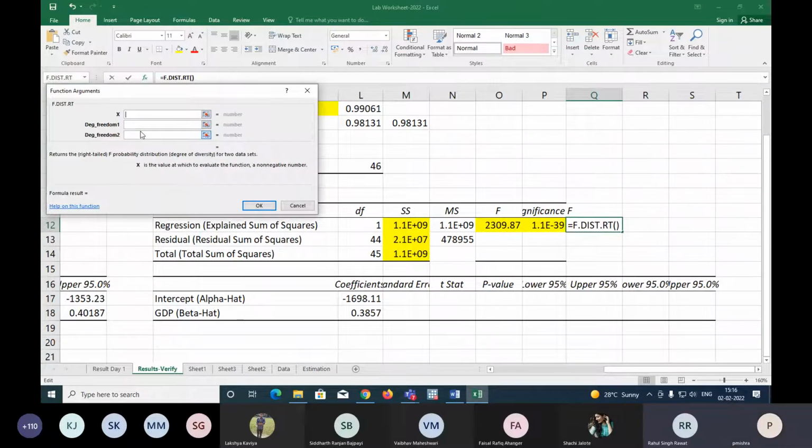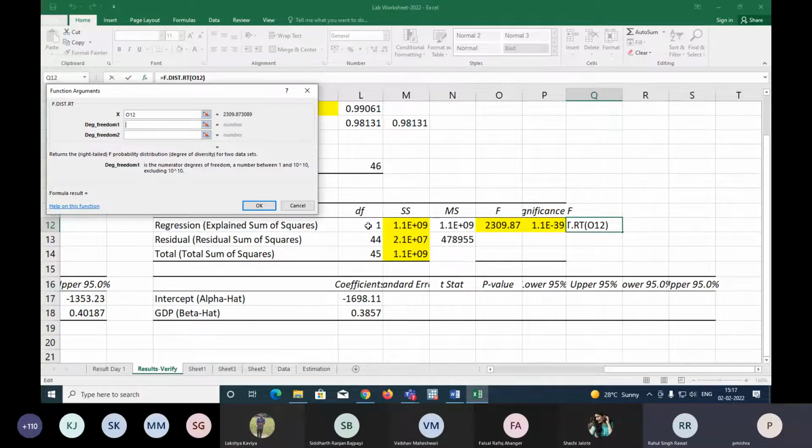Then you need to put three values. One is X, the value of this computed F. Then degrees of freedom 1, which means the degrees of freedom for the explained sum of square, which is in the numerator of the F statistic.